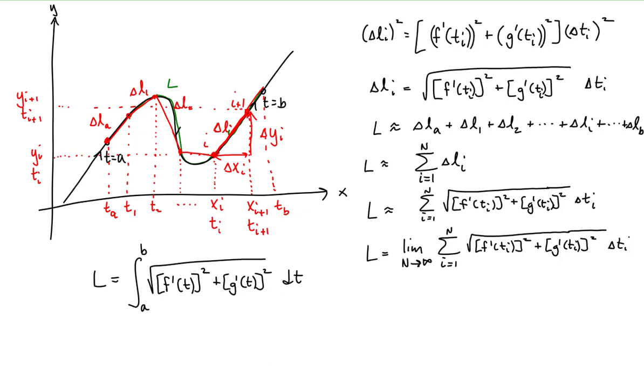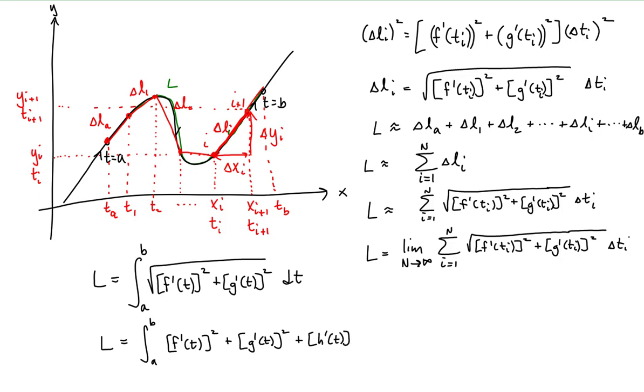We could even generalize this to 3 dimensions. If we had a coordinate system described by x, y, and z, we could generalize this to 3-dimensional space by adding a third parameterized function representing the z coordinate. Let's call this third parameterized function h.